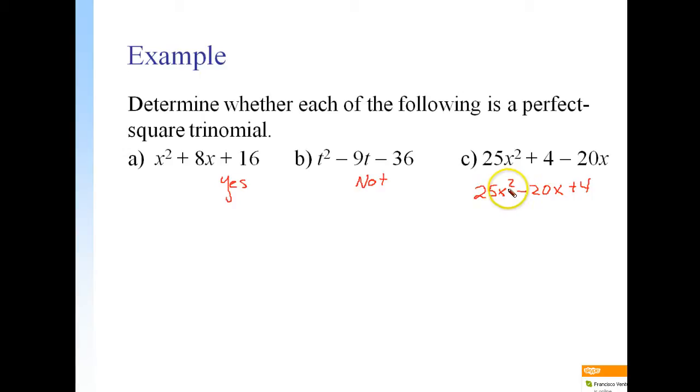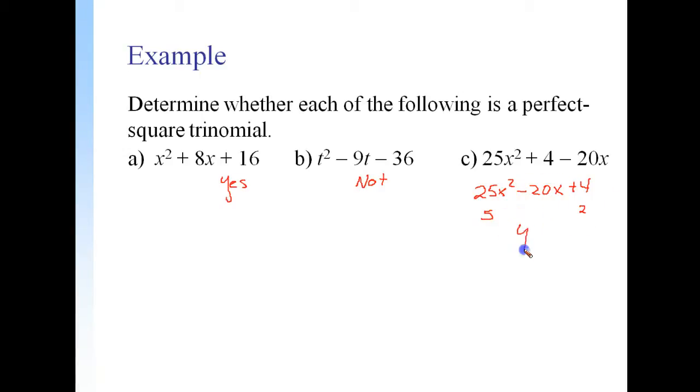Now, is this a perfect square? Yes. Is this a perfect square? Yes. All right, what's the square root of this? Well, it's 5. What's the square root of that? 2. And 2 times 5 is 10, and if you double it, you get a 20.